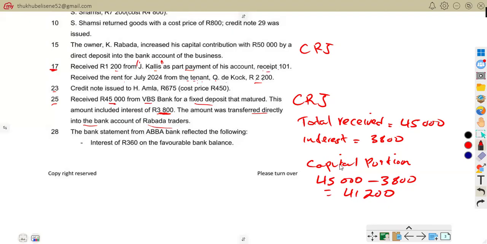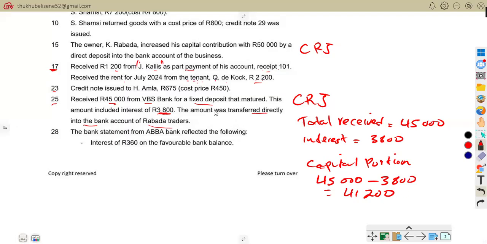That gives us 41,200. This is the capital portion, whereby we subtract this interest from the amount we received from VBS Bank as a fixed deposit that matured. The fixed deposit is 45,000, but it includes 3,800.